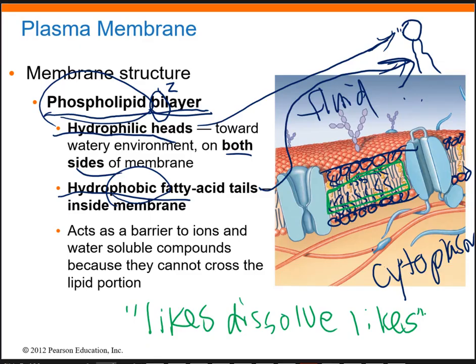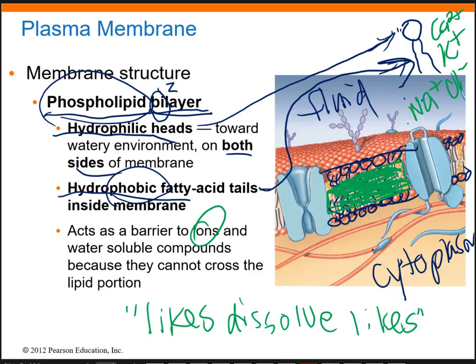Because they're different. So this plasma membrane with this whole lipidy center right here acts as a barrier to anything that likes water. So things like ions. Remember, ions are just charged atoms. So sodium, chloride, potassium, calcium, those all have charges.